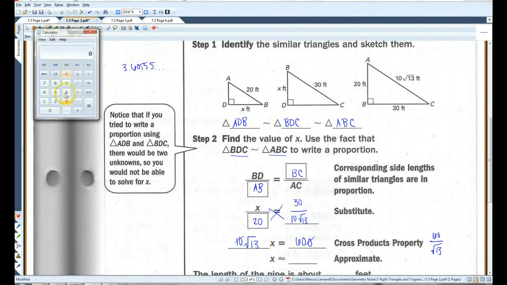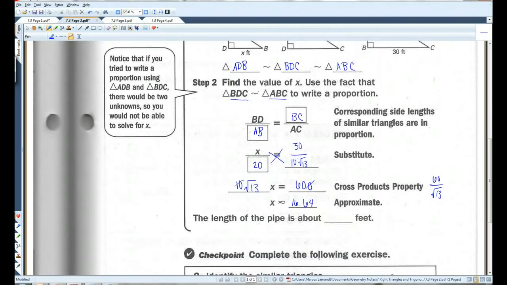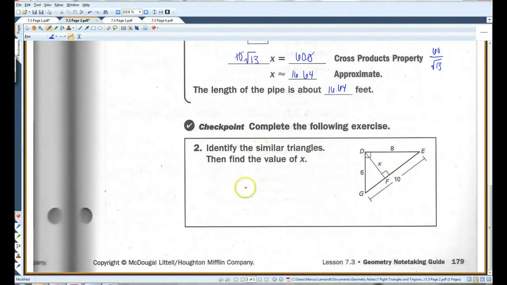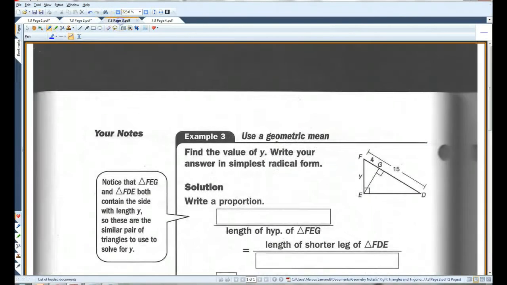So 60 divided by 3.60555, close enough, 16.64. So X is approximately 16.64. The length of the pipe is about 16.64 feet. Alright, you guys go ahead and try this one. Let's go on to page 3.